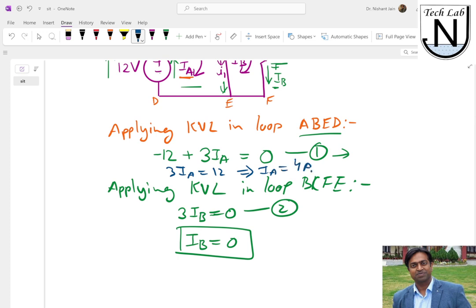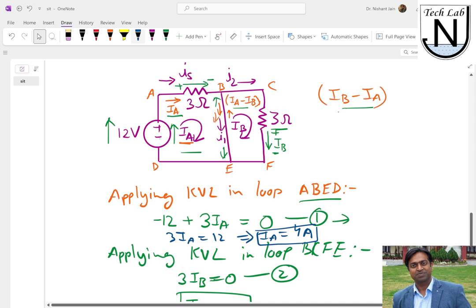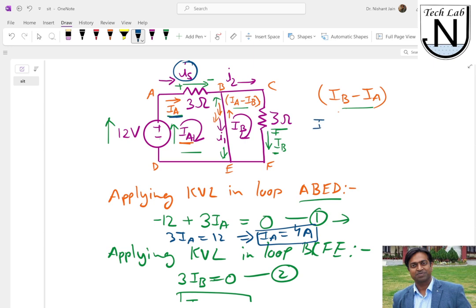So I get both the currents, IA and IB. Now if I want to know the value of IS, as you can see, IS and IA are the same, right? Because the direction of IS and IA are the same. So IS is equal to IA, which means the value is 4.